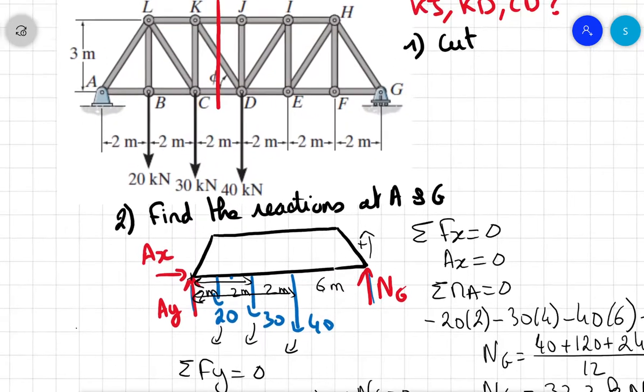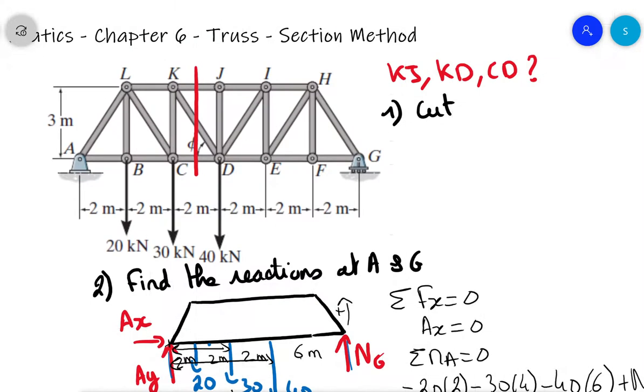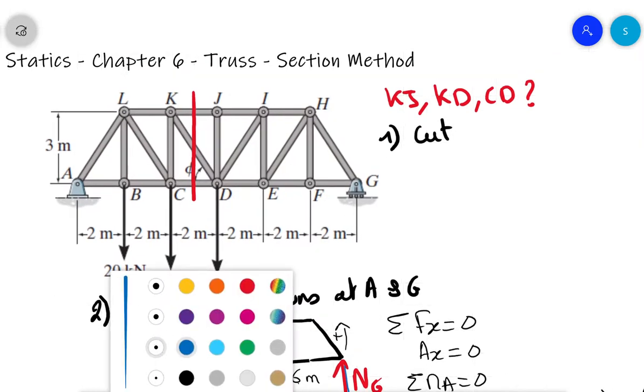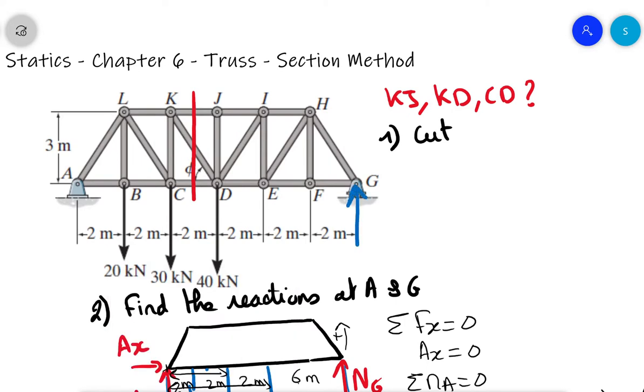Okay, so now let's come back to this one, and we can add in blue NG, that is 33.3, and AY that is 66.7. Now do we keep the left side or the right side to solve for our unknowns?